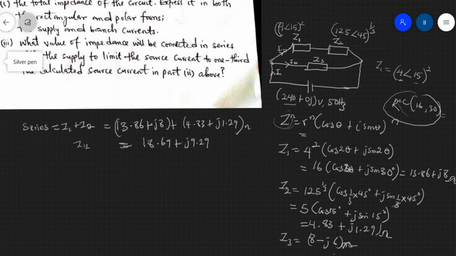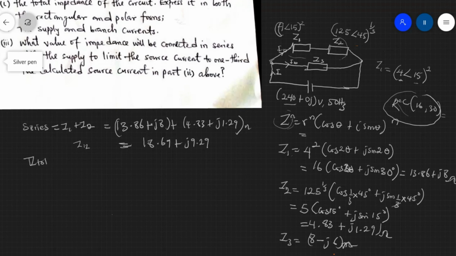This is the series combination. We have only found the top branch, but we have to find the total impedance of the circuit, so let's deal with Z3.